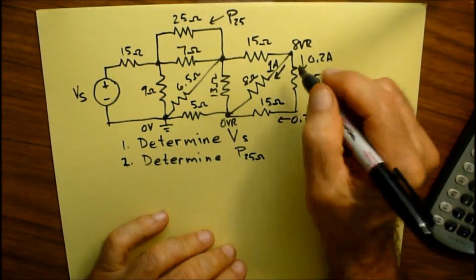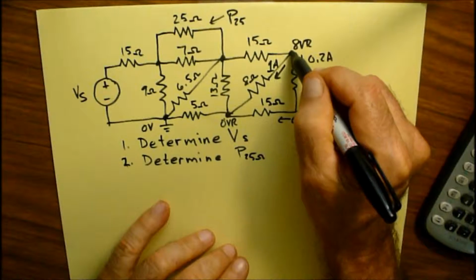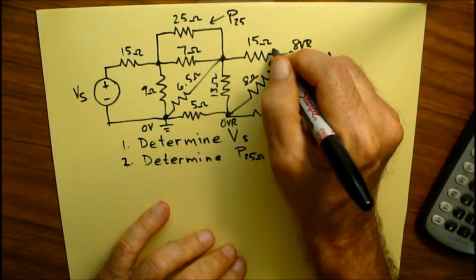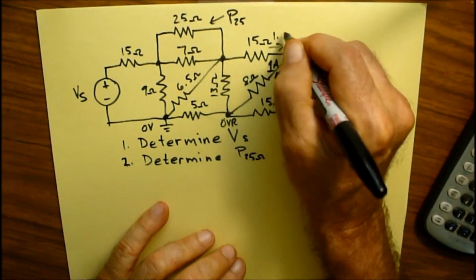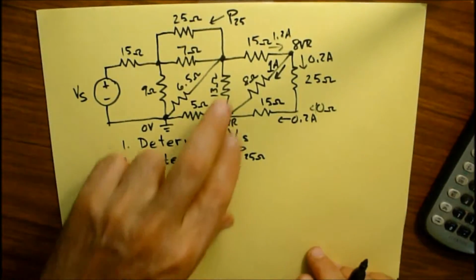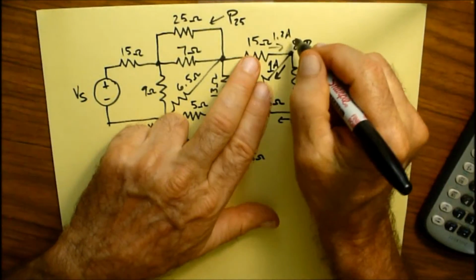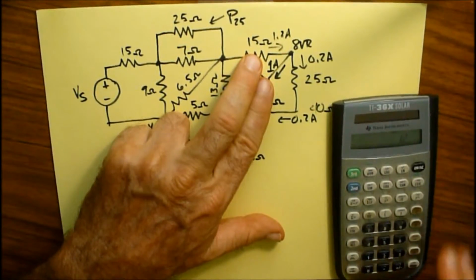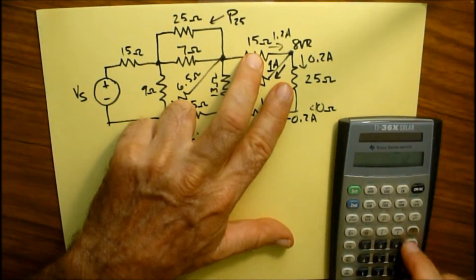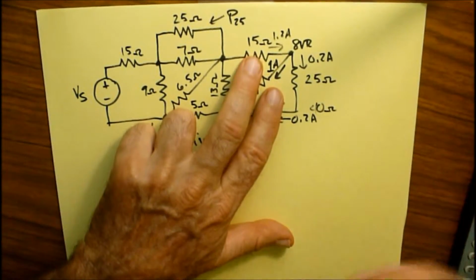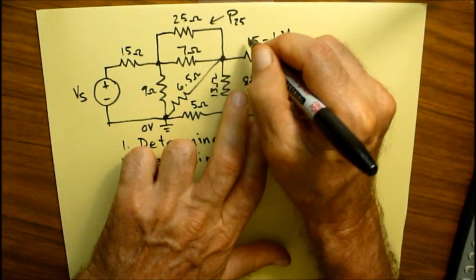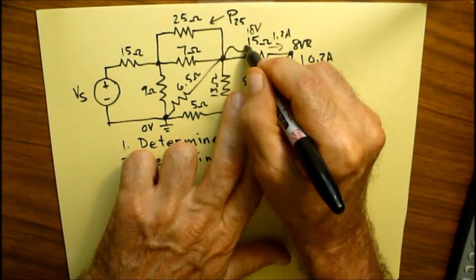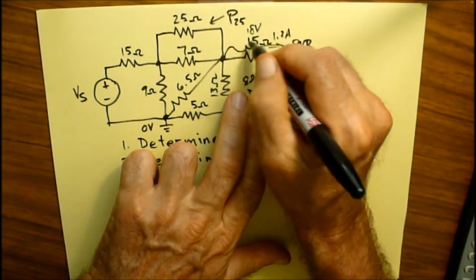Alright, so from here we can use KCL. We can figure out that I've got 2 currents coming out of this node right here that are 1.2 amps. So that means I need 1.2 amperes going in. Well, the 1.2 amperes going in, times 15 ohms, says that I have 18 volts going across this guy right here, from here to there. 18 volts.